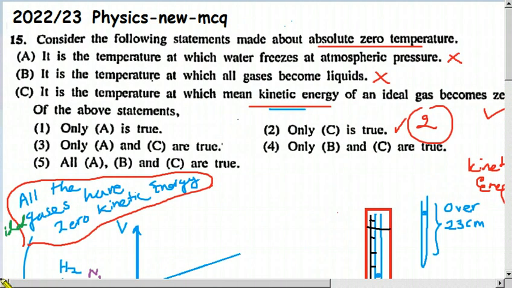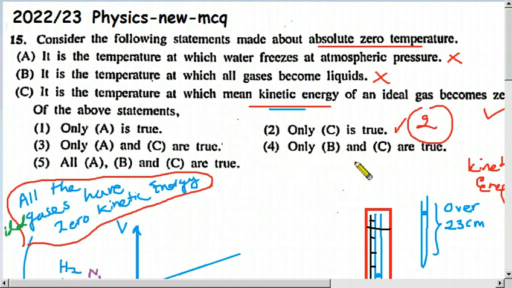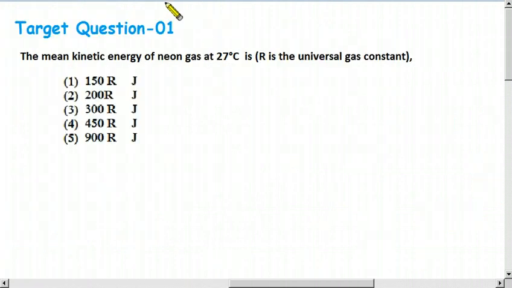So question number 15, let us check the answer. Second one, correct. Now, children, we are going to do target questions. Here is your first question, target question number 1. The mean kinetic energy of neon gas at 27 centigrade is what?